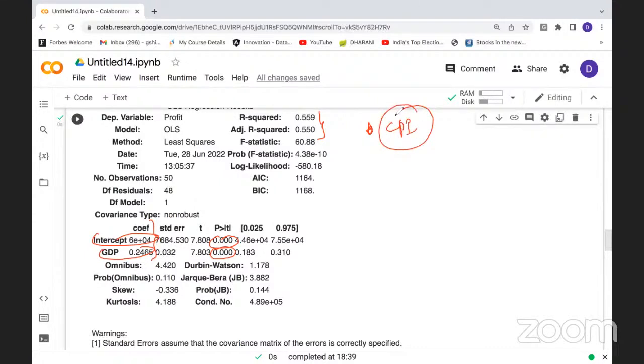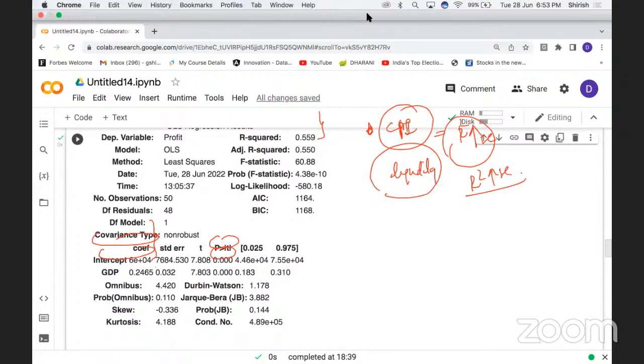You have added this input. If you are adding this input, what is going to happen is your R square will increase. Right? You added one more column, liquidity. The R square will increase, whether liquidity is important or not important.